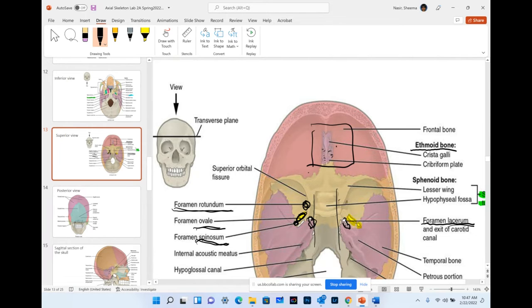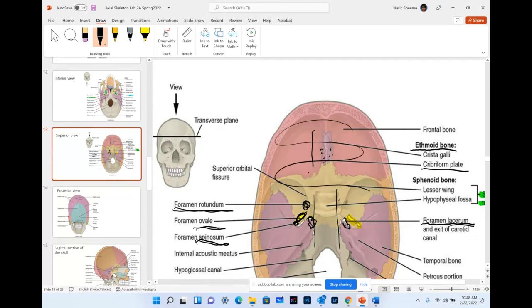Now, in the ethmoid bone, you see the holes, the part that has the holes in it? That is your cribriform plate of ethmoid. So cribriform plate of ethmoid is a plate which has holes in it, for the olfactory nerve.